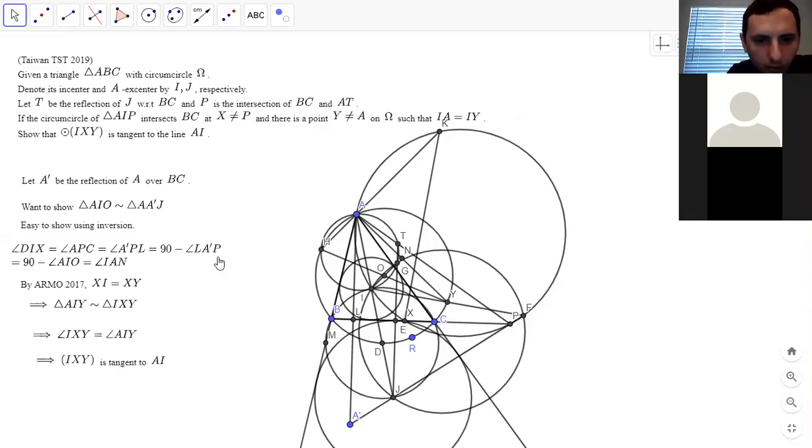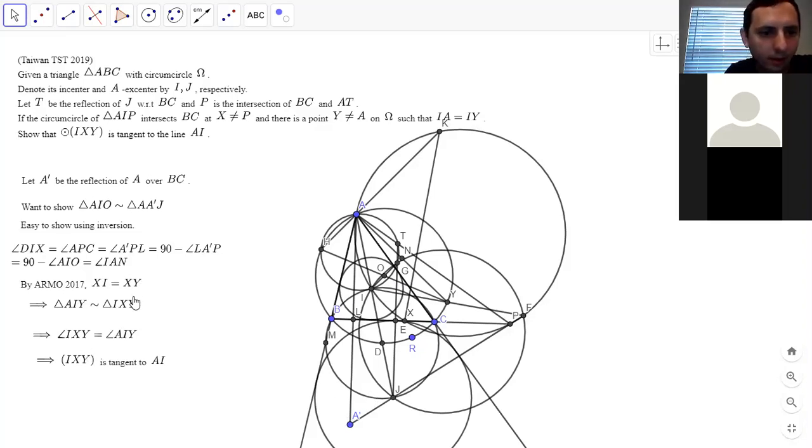How do we get, so wait, LA prime P is equal to AIO. Okay, that's where we use the similarity, because AIO is similar to A prime AJ.